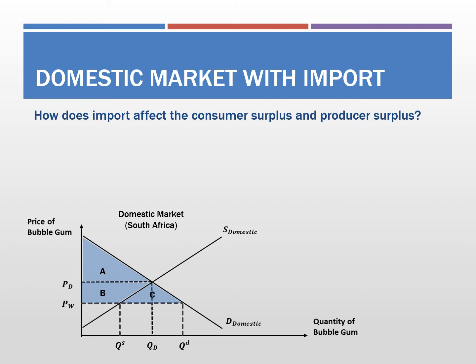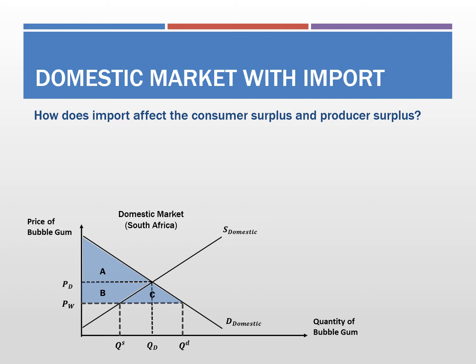And when we look at the demand curve, we know that the consumers in South Africa will keep buying the bubblegum until the last person who is willing to pay PW buys the last piece. After that, no one will buy the bubblegum in South Africa because no one values bubblegum as highly as this world price. And again, the importer will also give up selling this product.